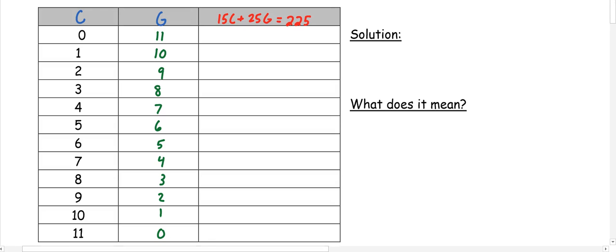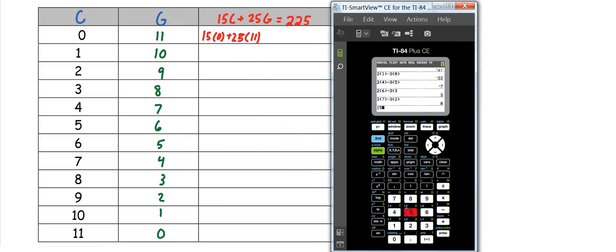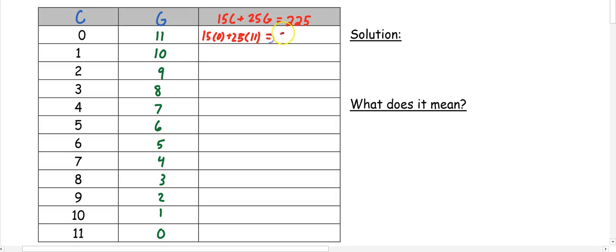So for the first point, I have 15 times 0 plus 25 times 11. So when I put that into the calculator, 15 times 0 plus 25 times 11, I get $275.